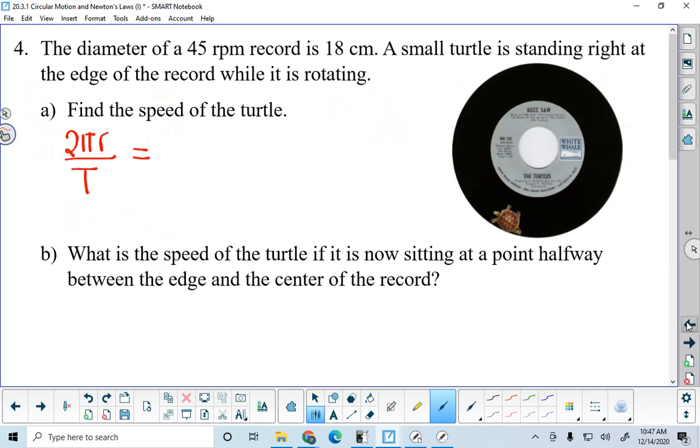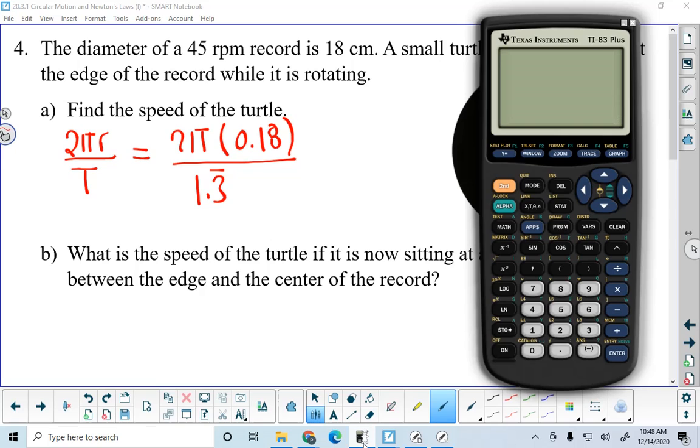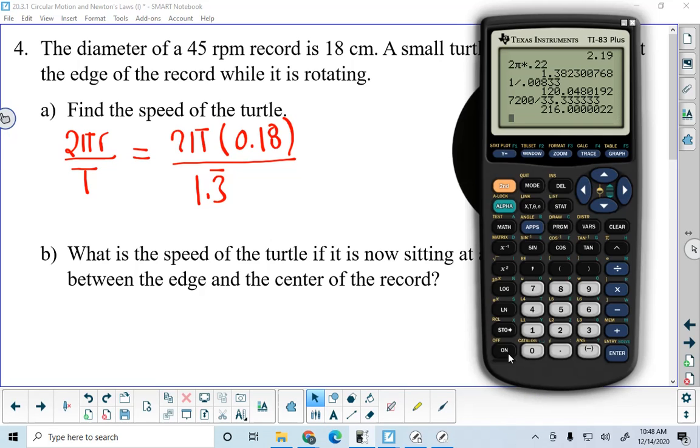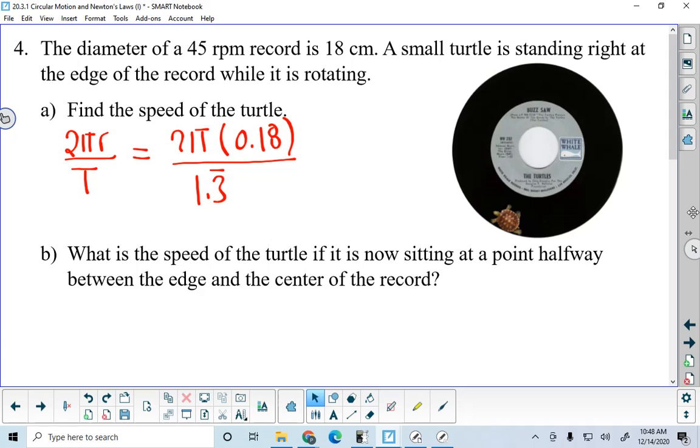So now we're just going to do the calculation. 2 pi times 0.18 over the 1.3 repeating. 0.85. Thank you. So you get 0.85.